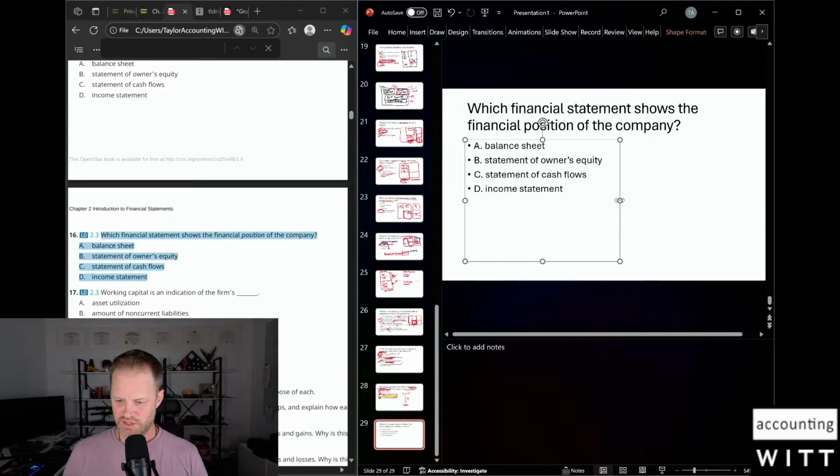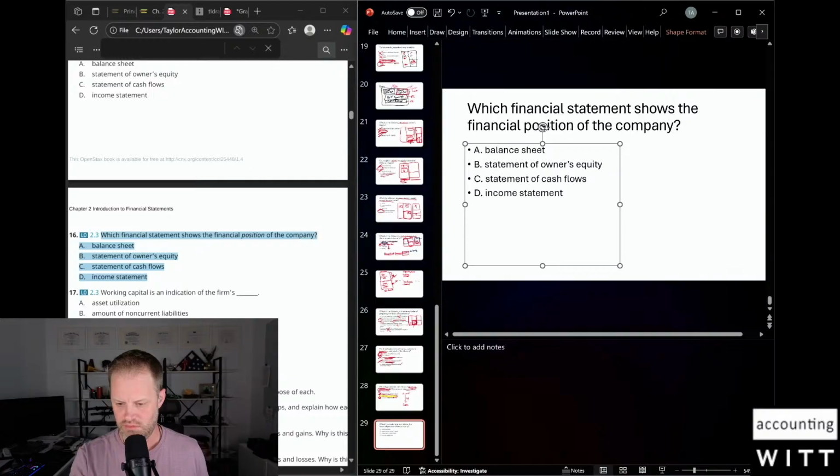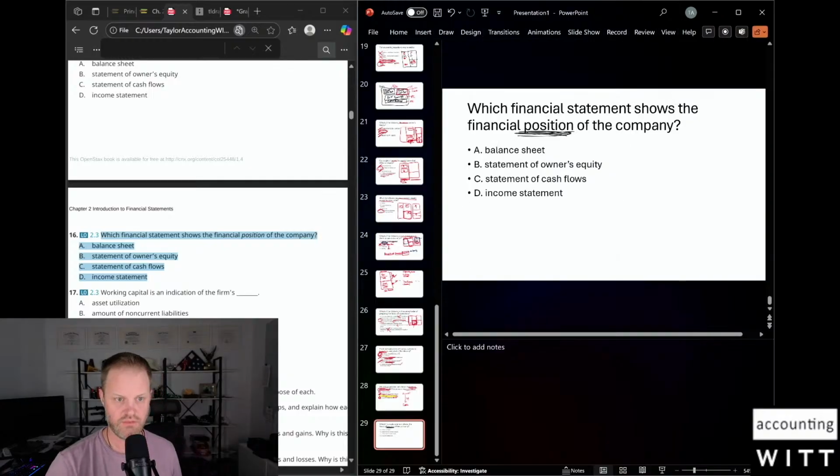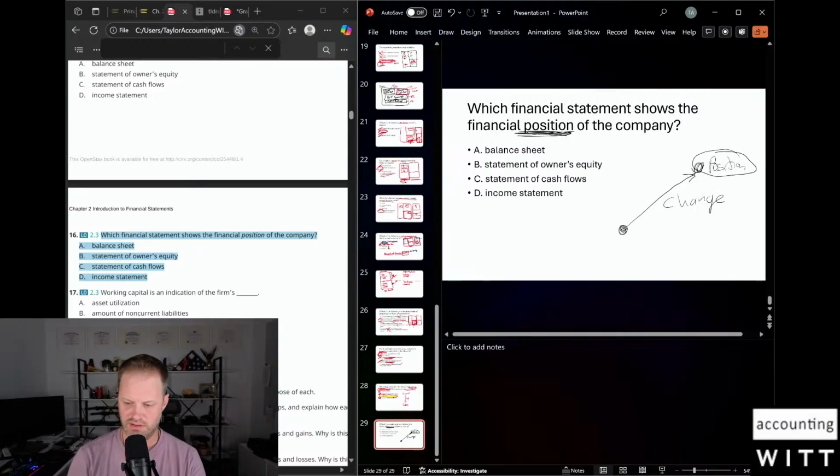Okay. Which financial statement shows the financial position of the company? Ooh, we know we like this. Ooh, that's not what we wanted. Position. So remember my whole graphic of you've got point A, point B, change. So statement of position and a statement of change. Statement of position is showing where you're at.